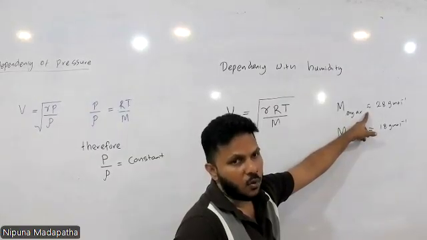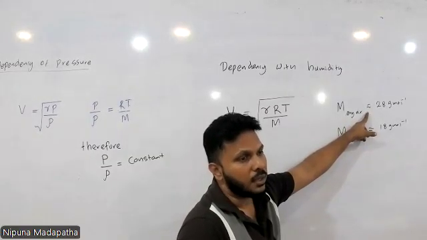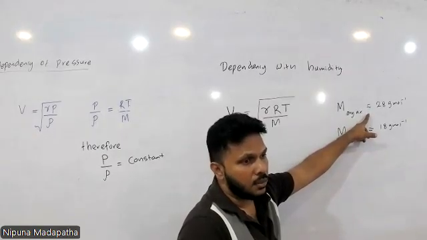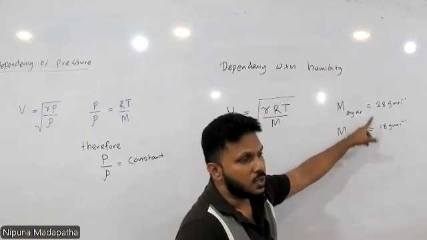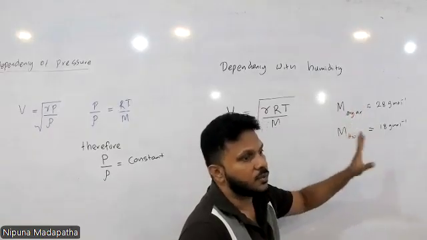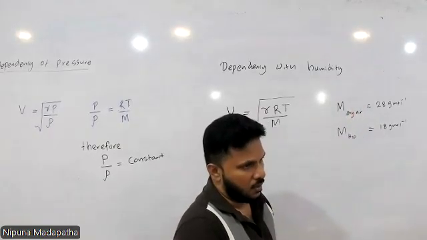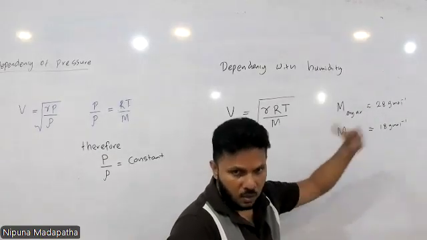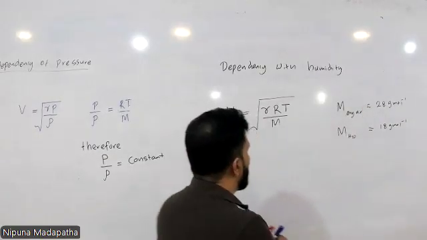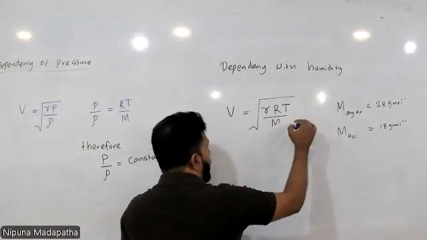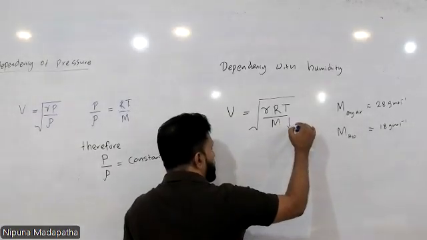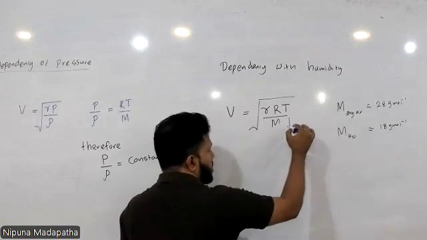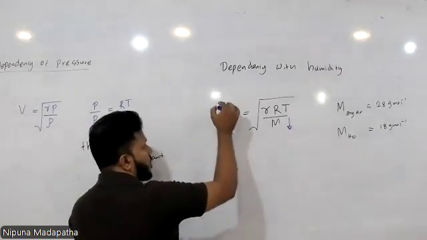Right? So if the moisture content is high in the air, that will reduce the mean molar mass of the dry air. It is a value less than 28 now, if the humidity is high. So when the molar mass decreases, what happens to the speed of sound in air?